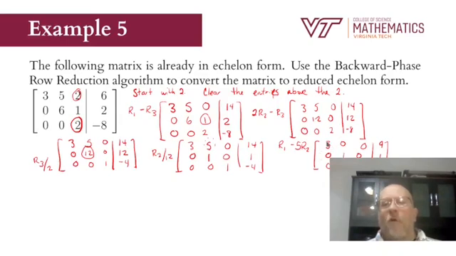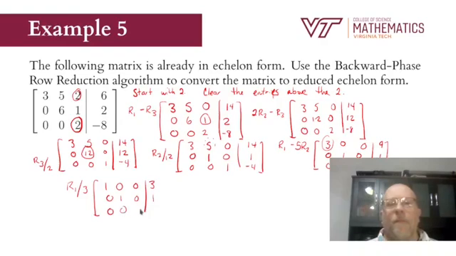We move backwards to this column and divide that row by 3. So we get 1, 0, 0, 3. And now this matrix is in reduced echelon form.